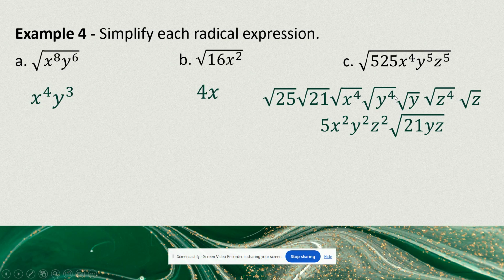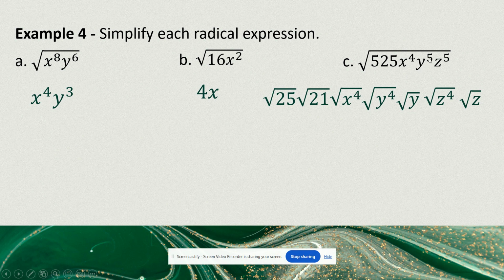Okay, my largest perfect square that goes into 525 is 25. So this first part here, 25 and 21, are coming from pulling out my perfect square factor of 525. So I would have the square root of 25 times the square root of 21. X to the 4th can stay the same, so the square root of x to the 4th.